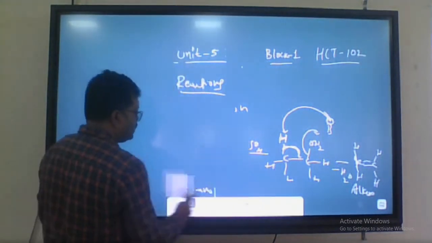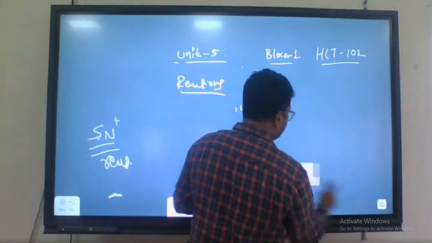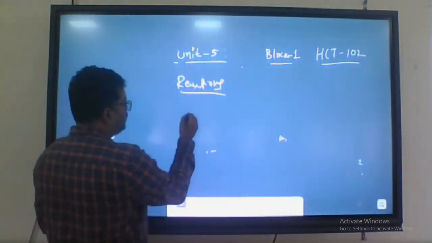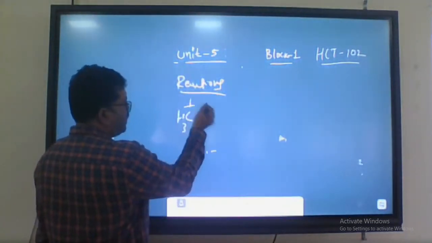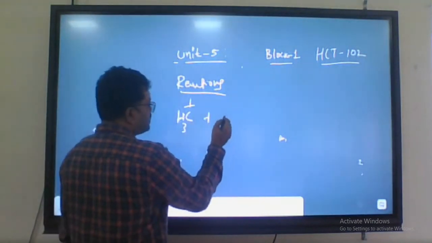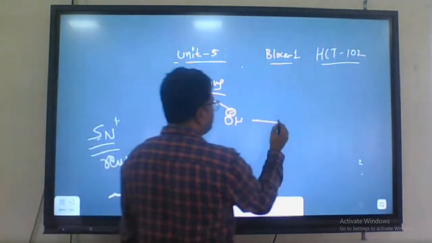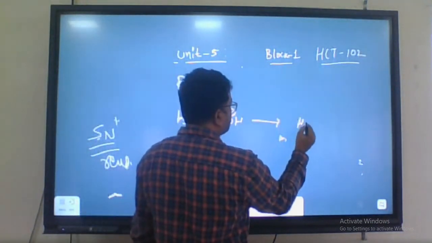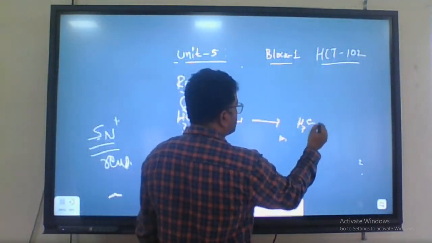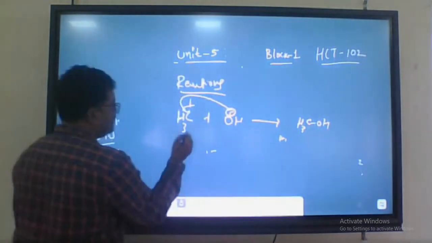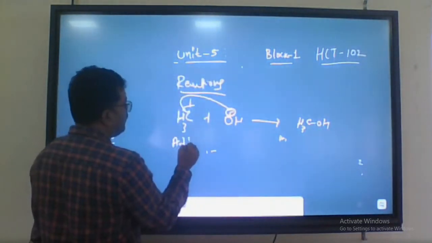So elimination, it takes oxidation, sorry, addition. If CH3 carbocation is already generated, just add for this, addition. What happens? CH3OH.